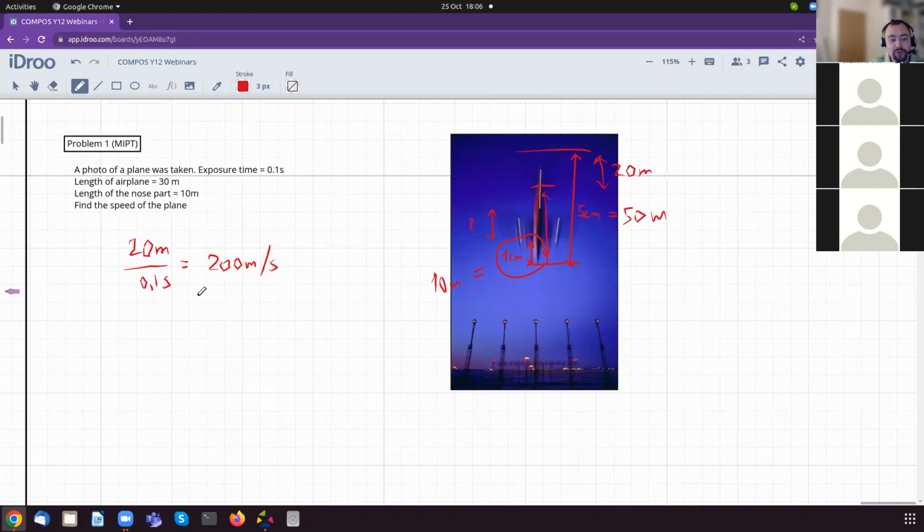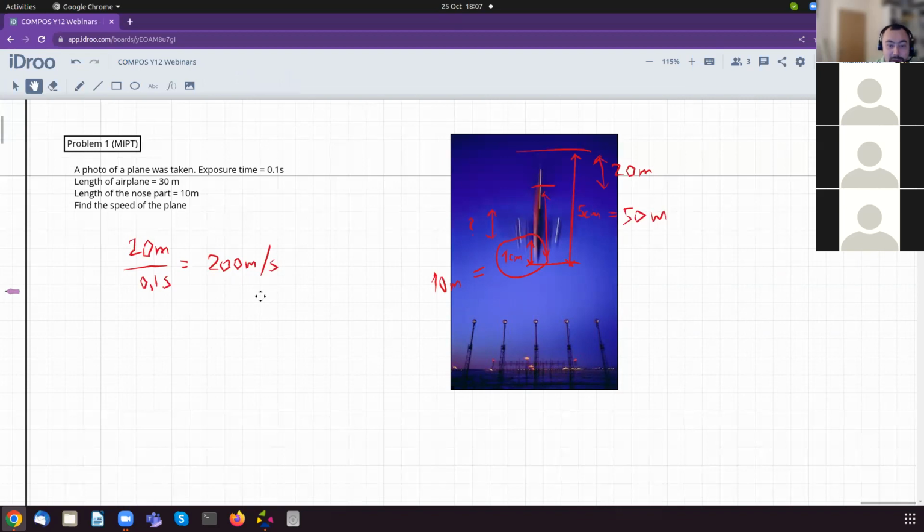Now this is the cruise speed of a plane. I took this stock picture. It's not a real picture. The measurements are not real, because when landing, a plane goes at about 50 meters per second. So much slower than what we have. 200 meters per second is the cruise speed at altitude.